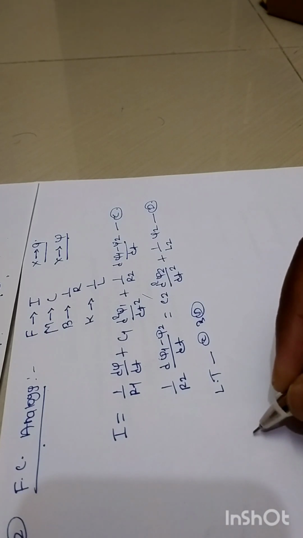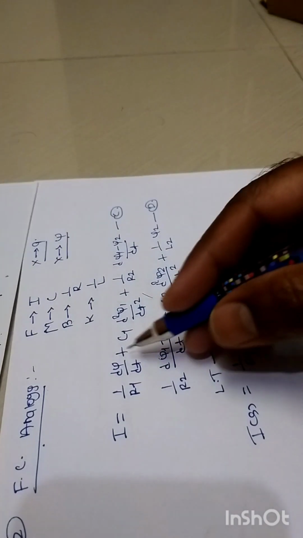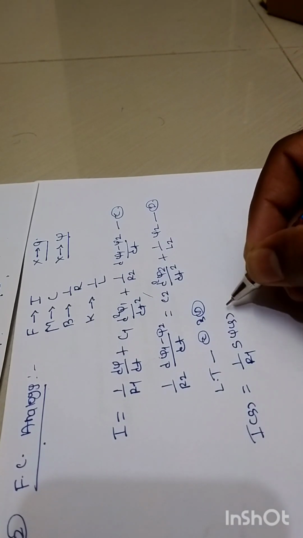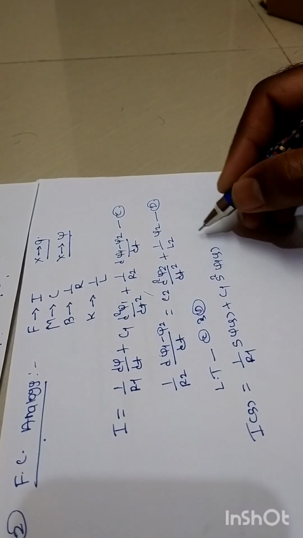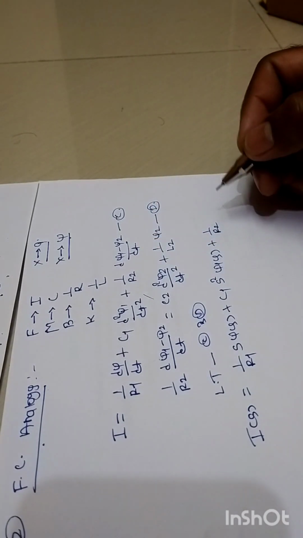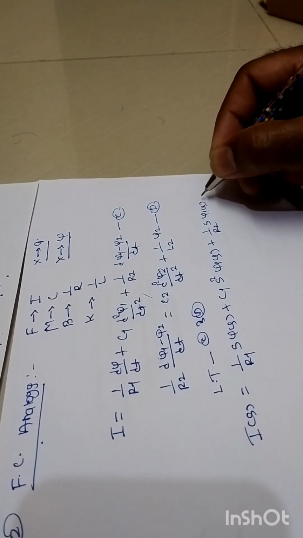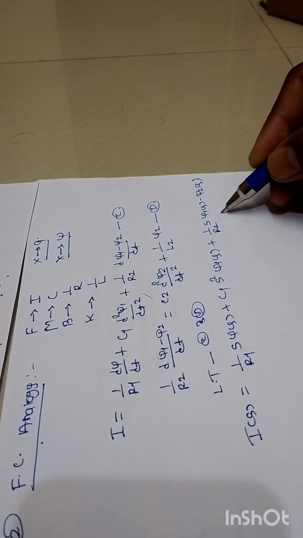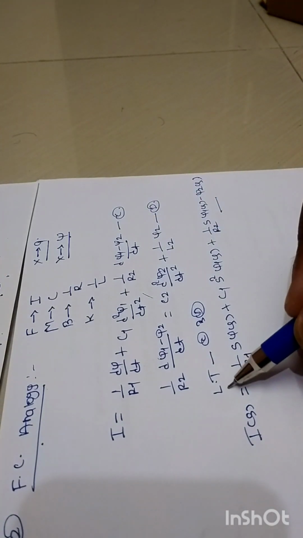As a result, it will become I of S equals to 1 over R, as it is a first order differentiation, so the Laplace variable will be S. So S into psi of S plus C1 into S square into psi 1 of S plus, again one more time, it is a first order derivative, so the Laplace variable will be 1 over R2 into S into psi 1 of S minus psi 2 of S. So this is how equation number C will become when we apply the Laplace transform.